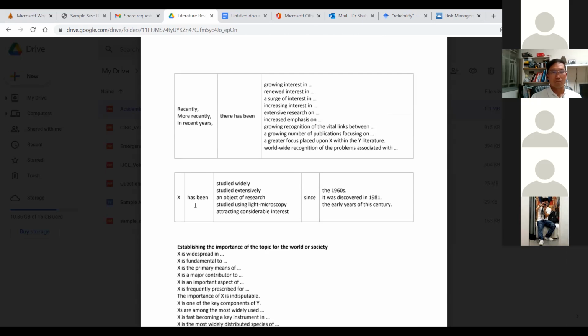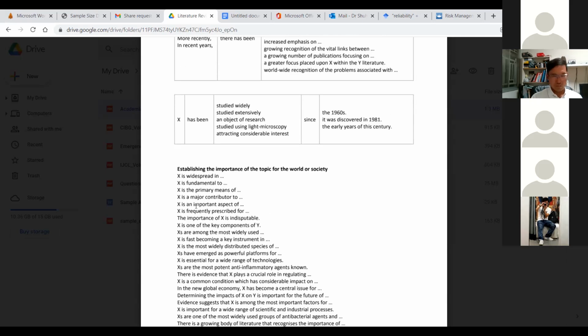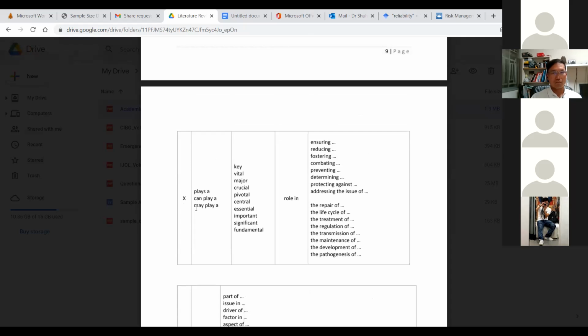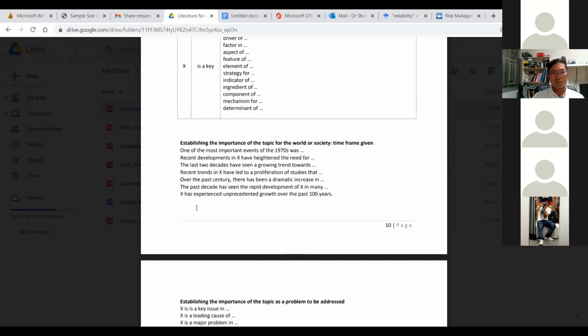So for different sentence structures, you can use this Academic Phrase Bank, right? You see here, internet information plays a key role in reducing or increasing, and you can easily make sentences using these phrases, right?